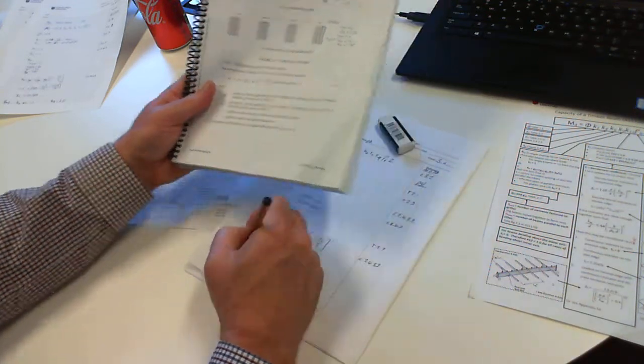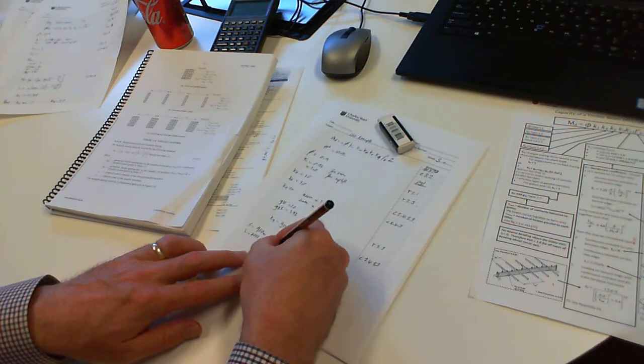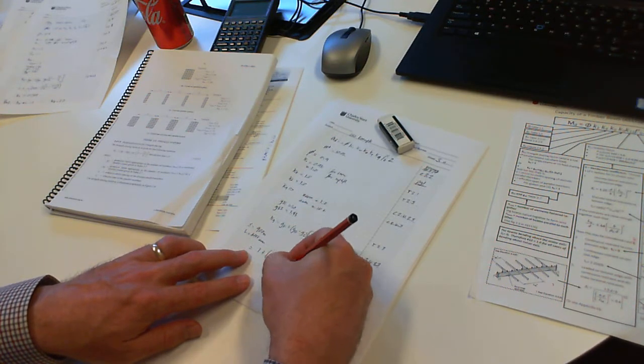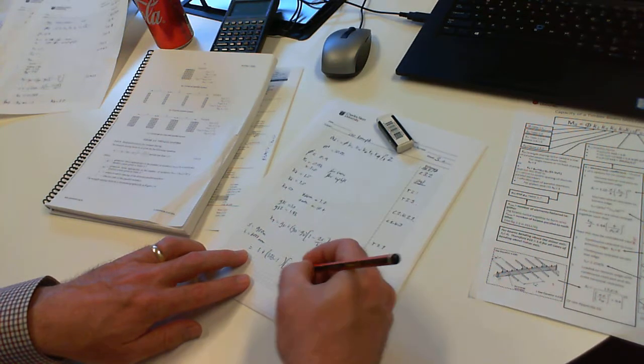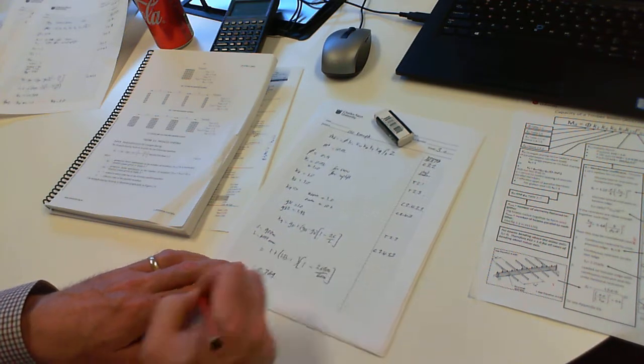Okay. When I put all that into an equation, I get 1 plus 1.33 minus 1 multiplied by 1 minus 2 times 900 over 6,000. And that all equals 0.769.